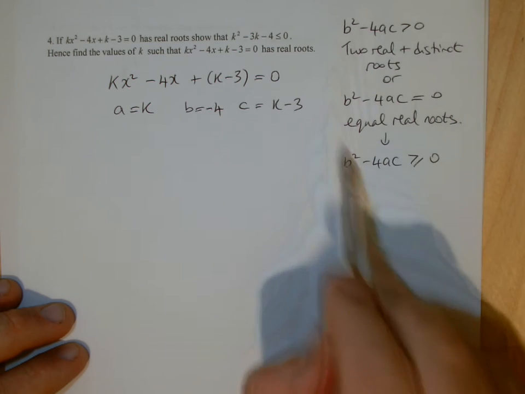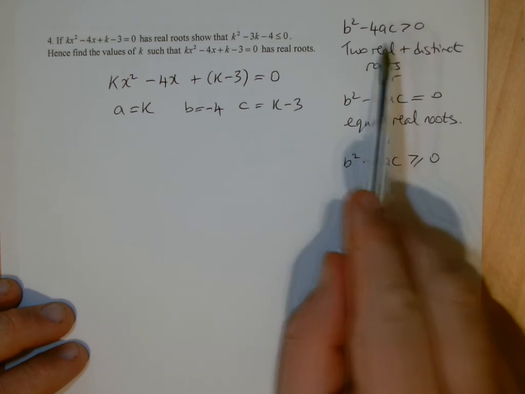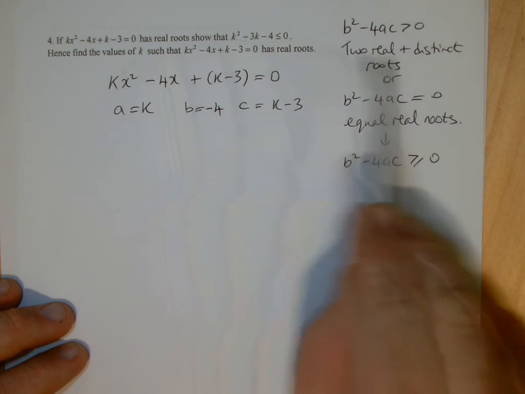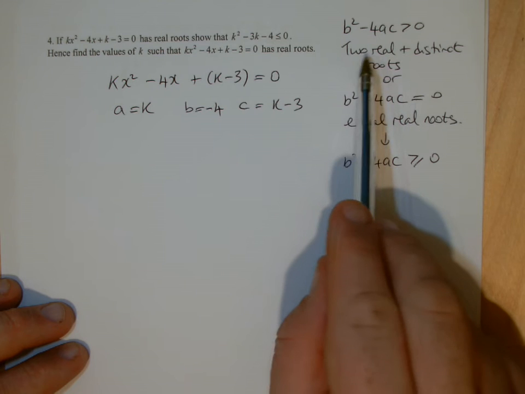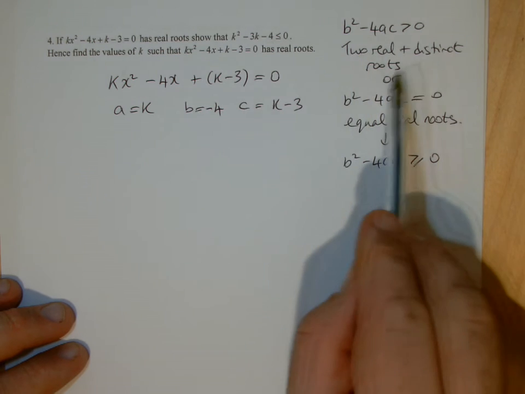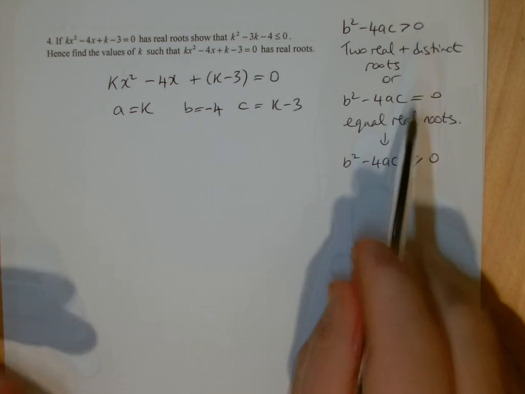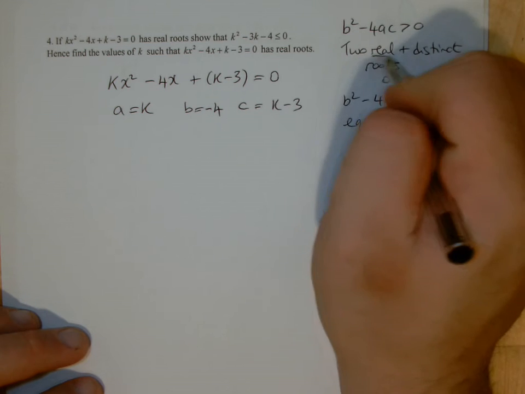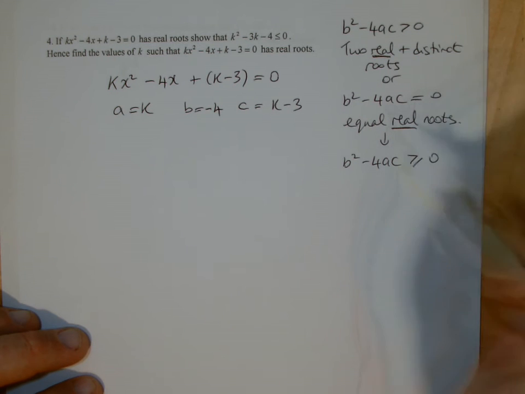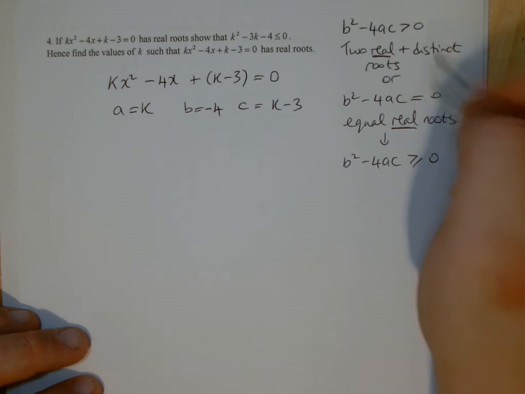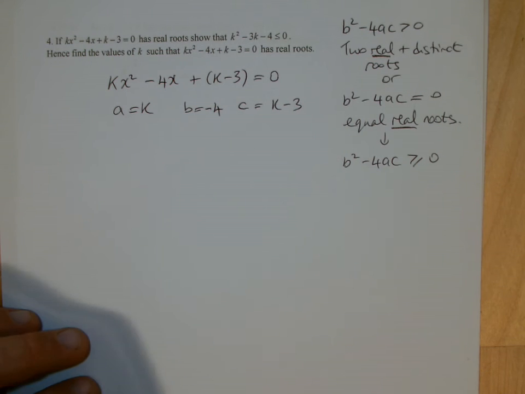Just focus on this fact here. This is true in the case that we've got real roots. It's either two real and distinct roots, or we could have equal roots. Either way, both situations produce real roots. So it's a combination of these two rules that's being applied.